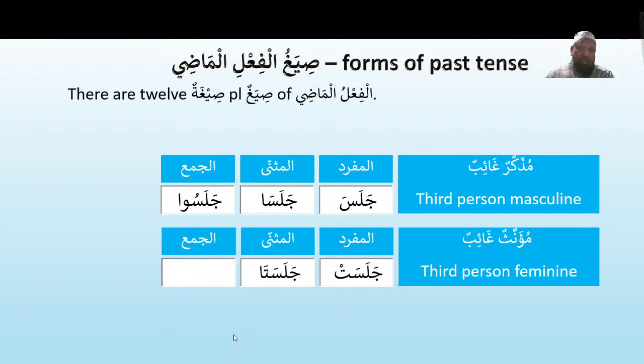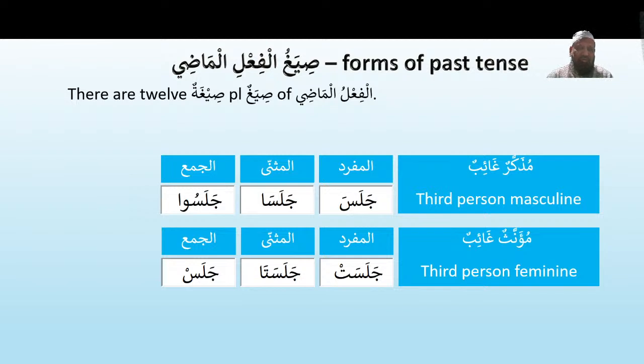الجمع مؤنث غائب. We need to add نون النسوة to make the مؤنث plural. Now, when we add a نون النسوة, the last letter of the verb becomes ساكن. جلس.